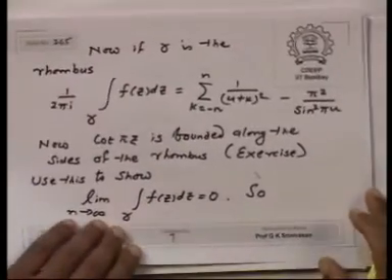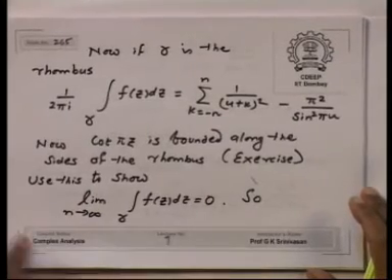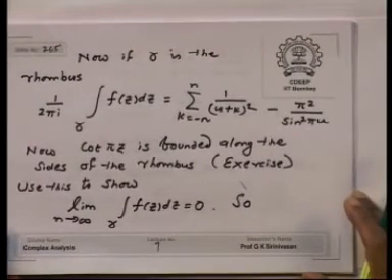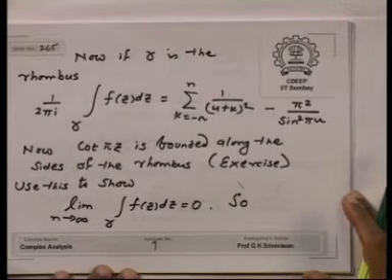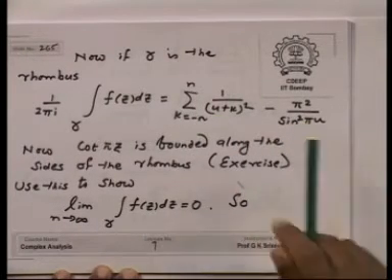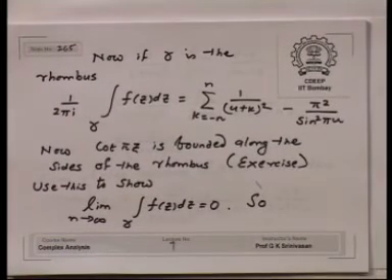So, now if gamma is the rhombus, then 1 over 2 pi i times the integral of f z dz over gamma equals this minus this, correct. So, what do you get? You get this equation and now what I am going to do? I am going to allow n to go to infinity and the rhombus becomes larger and larger.